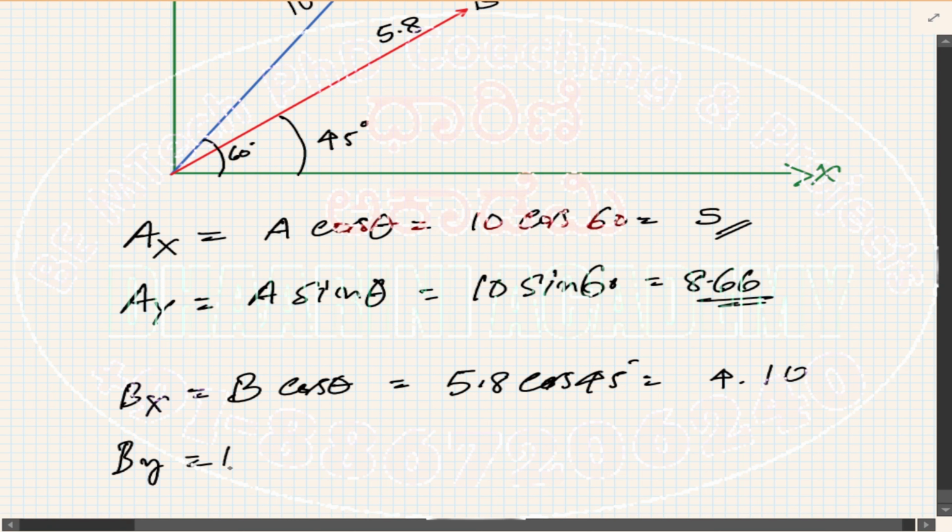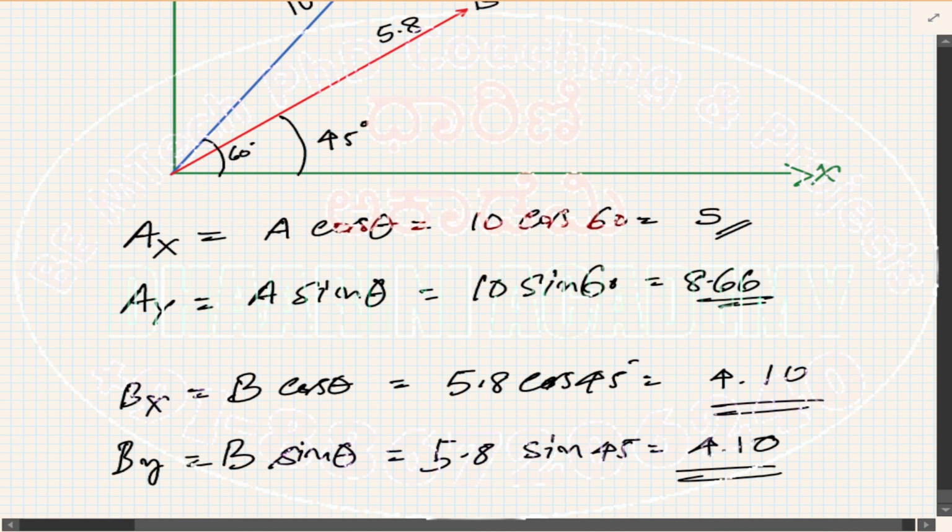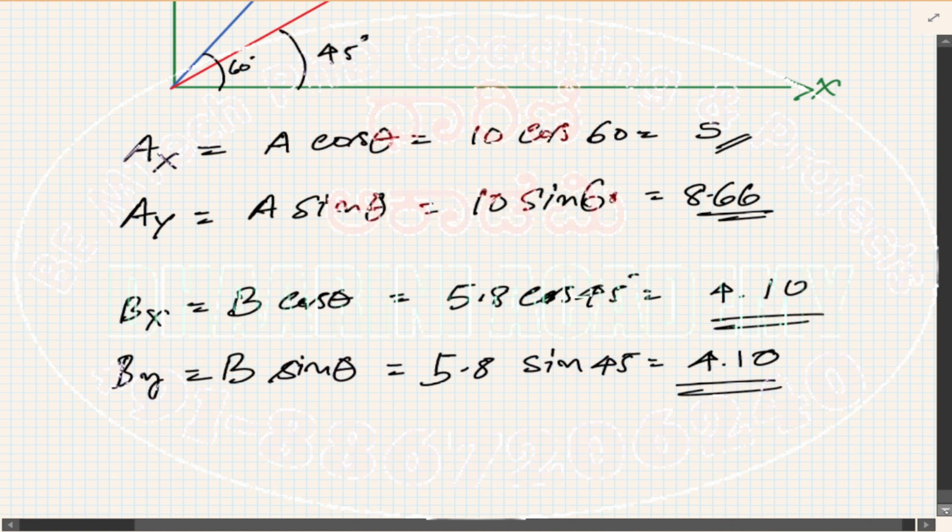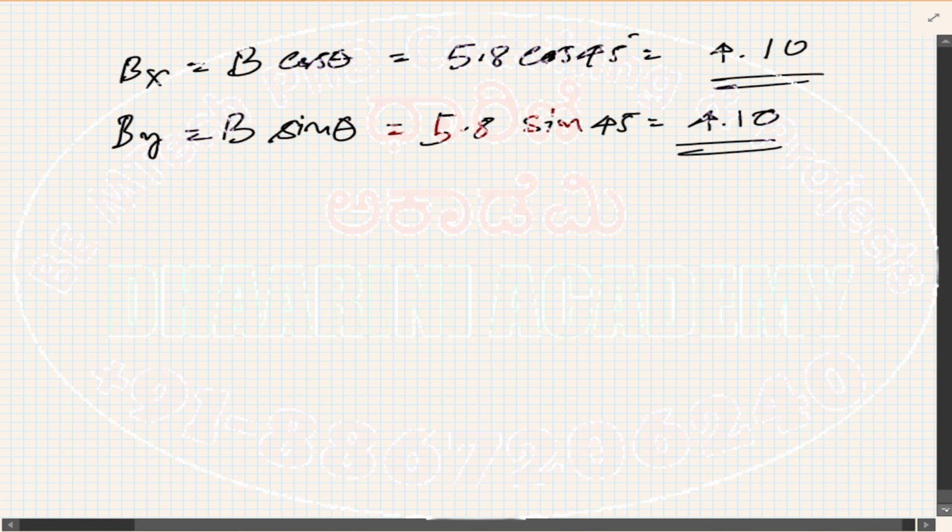Similarly, By is B sine theta, so this is 5.8 sine 45. For 45 degrees, sine and cos are the same, 1 by root 2. That gives you 4.10 as the answer. So when the angle is given with respect to the x-axis, this is the technique. All right, let's move further.